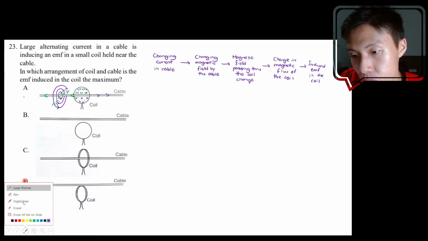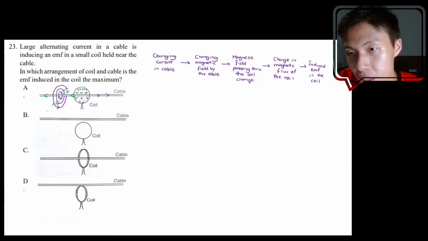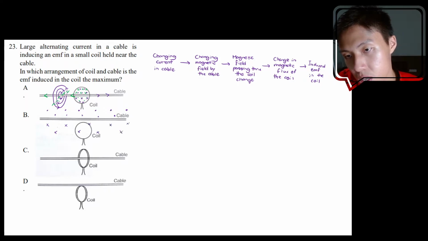based on what we see over here, at certain times your magnetic field will be a dot here, then here will be a cross.